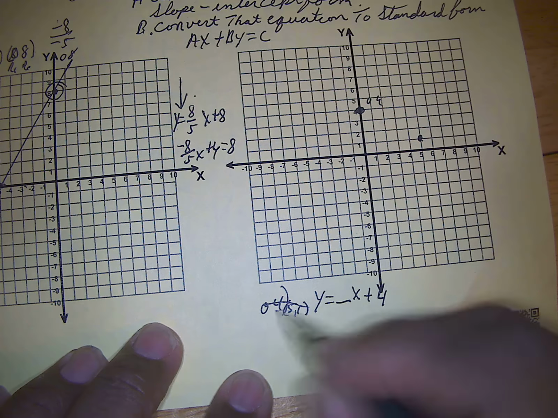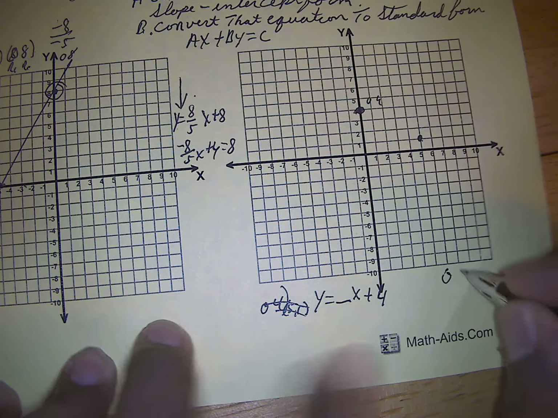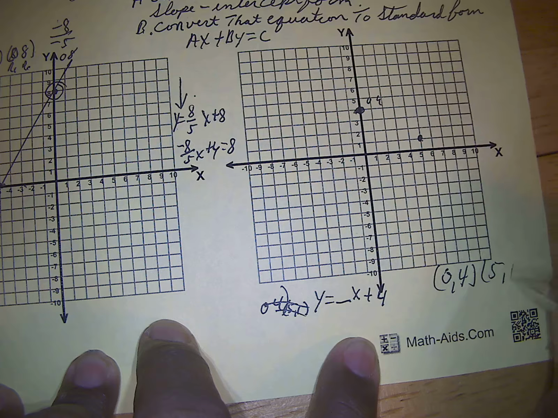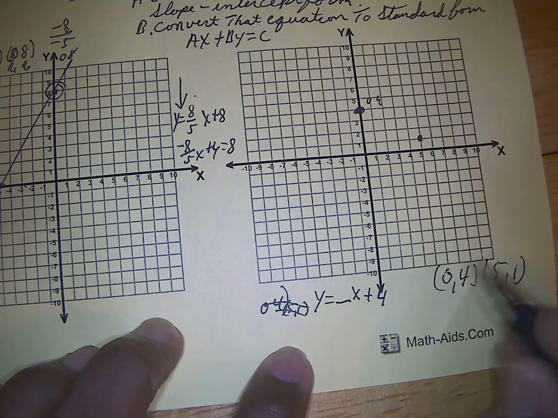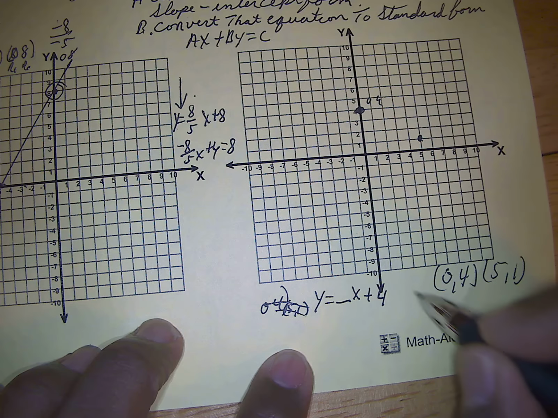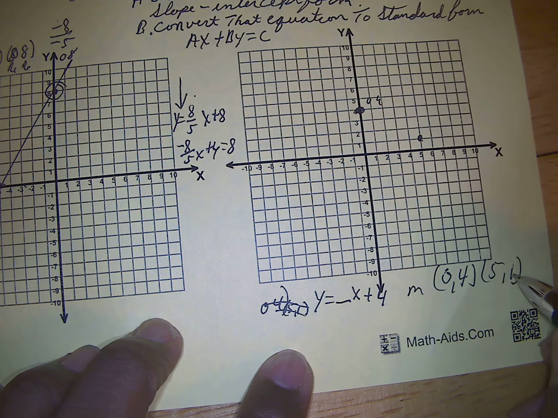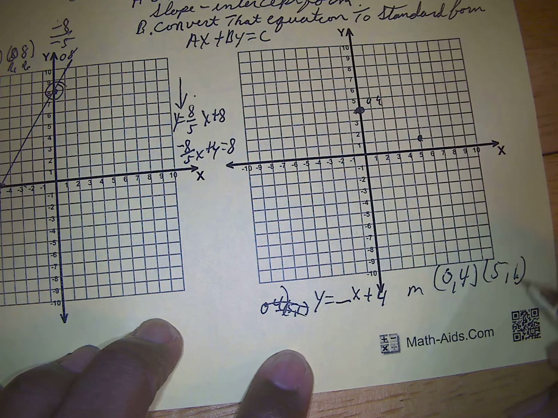And I'll make it easy for you to see. (0, 4), (5, 1). Now, the slope is, again, the difference between the rises of my y values over my x values.